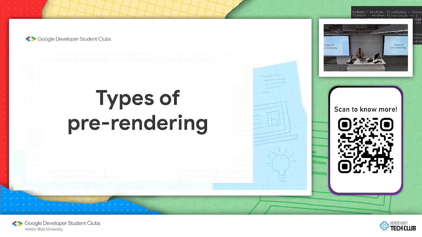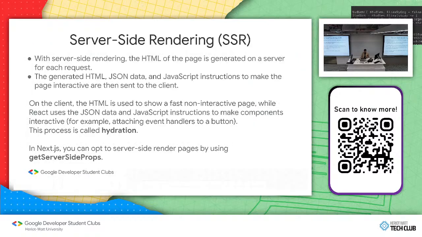So, as we discussed before, there are two types of pre-rendering. One was server-side rendering, and the other one was static-side generation. Both of these options are supported by Next.js by default. So server-side rendering, as we said before, the HTML of the page is generated on a server. The difference here is the HTML is generated on each request.